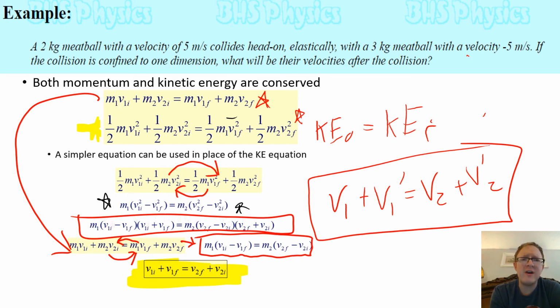It makes sense because you have M1 here and M1 here. So they want to group the M1s together. So that's why they're pulling that over there.